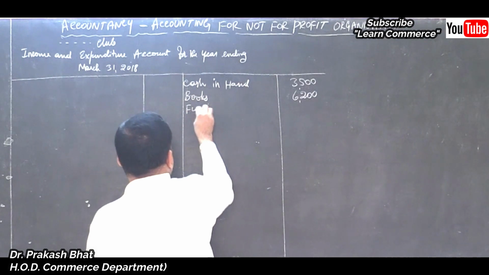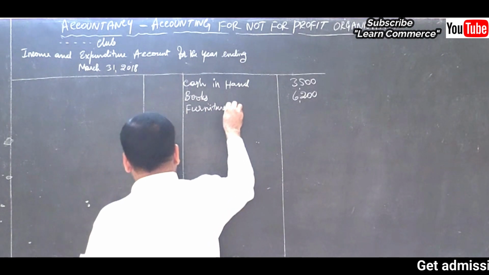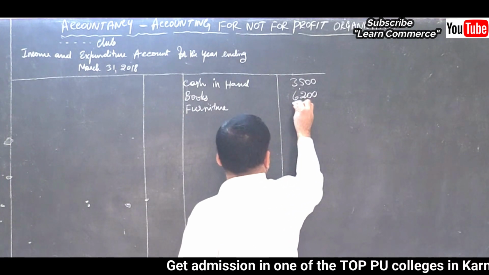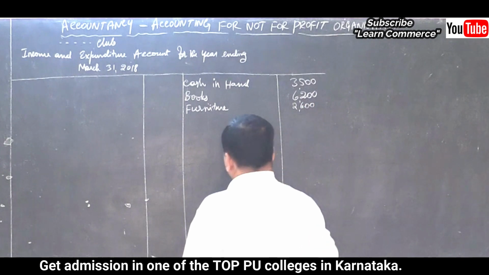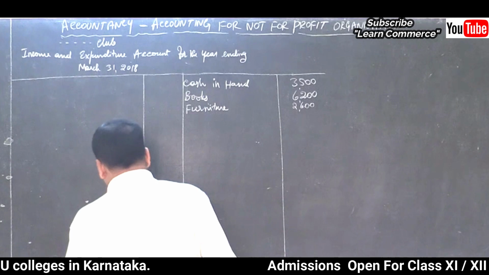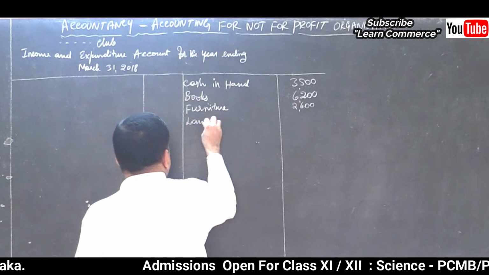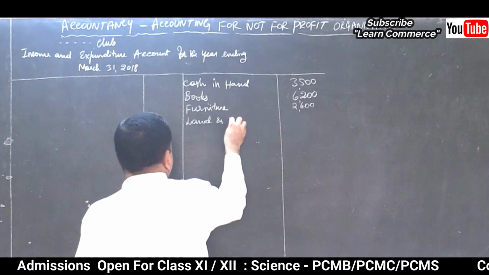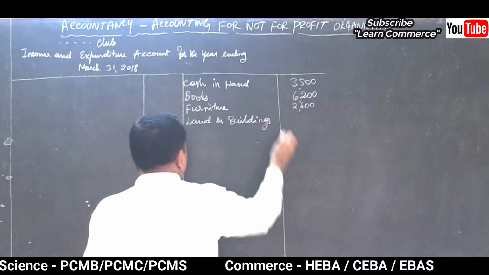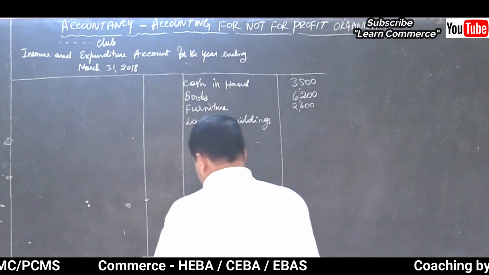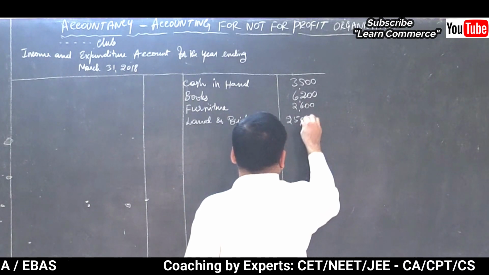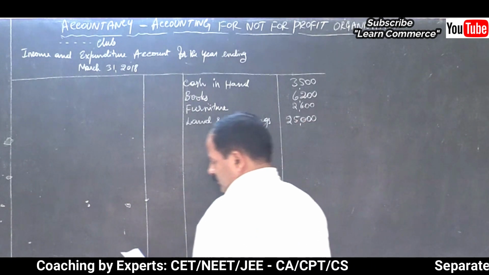Furniture, how much? 2,600. Then land and buildings, 25,000. Correct.